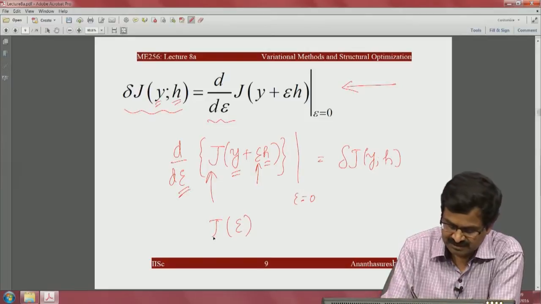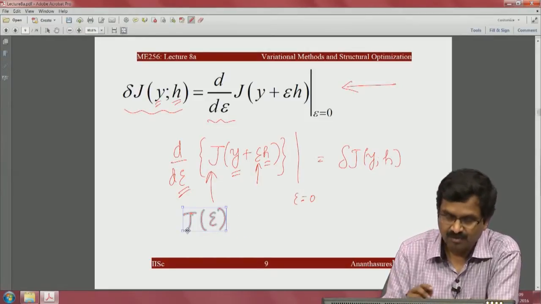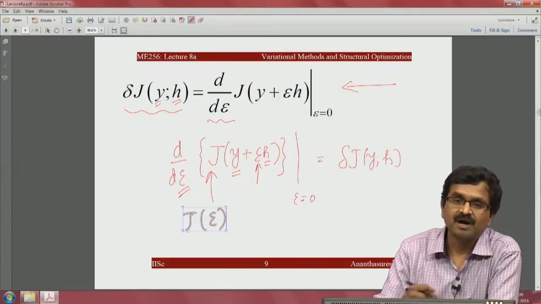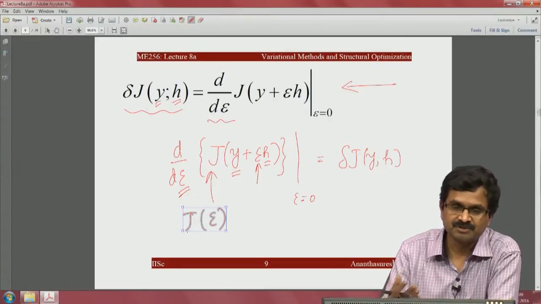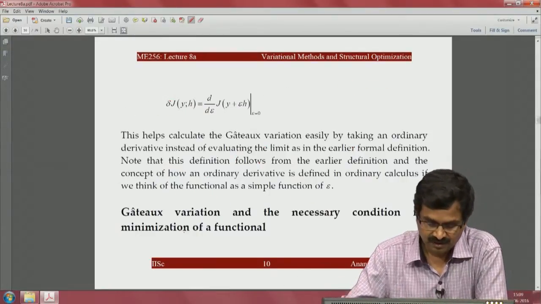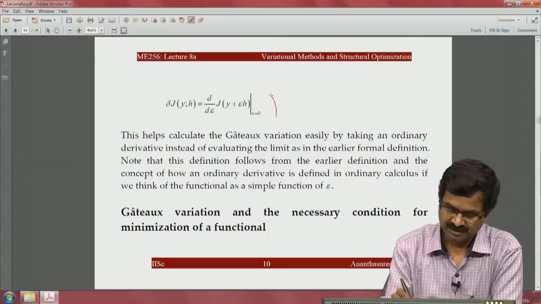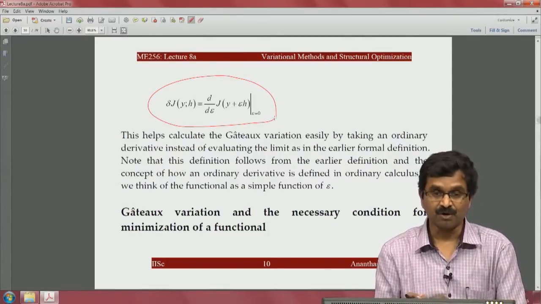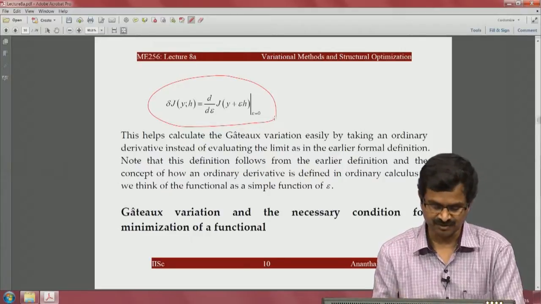So, treat this as a function of only this epsilon, then we can take normal derivative and then simply substitute epsilon equal to 0 and you have Gâteaux variation. Okay. So, this is something that we need to understand really clearly, this operationally useful definition of Gâteaux variation.